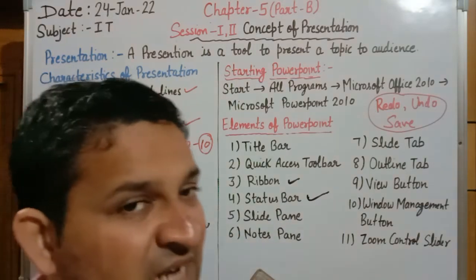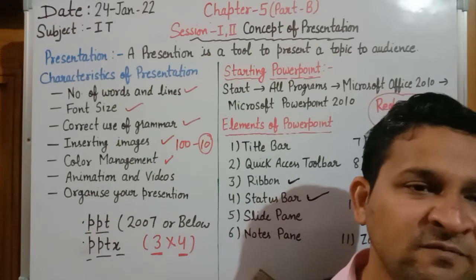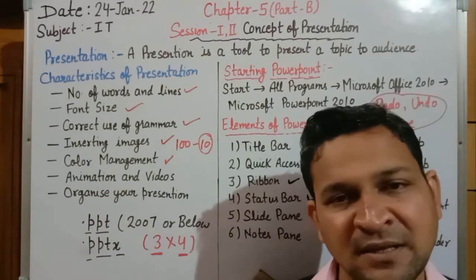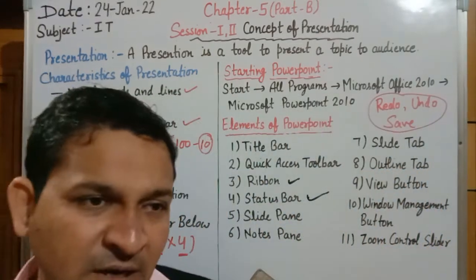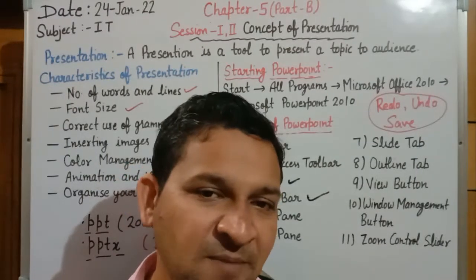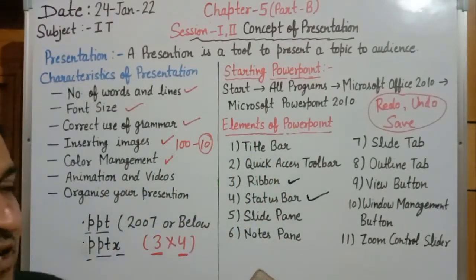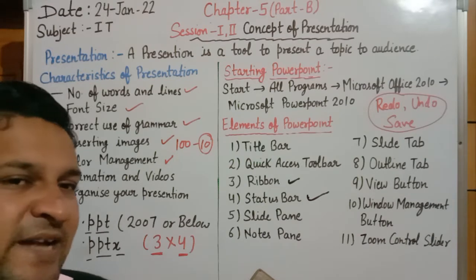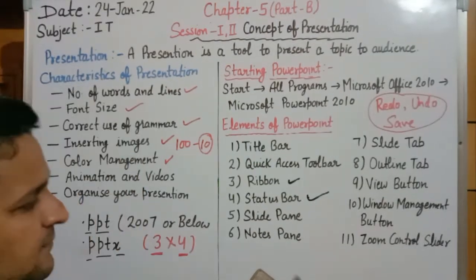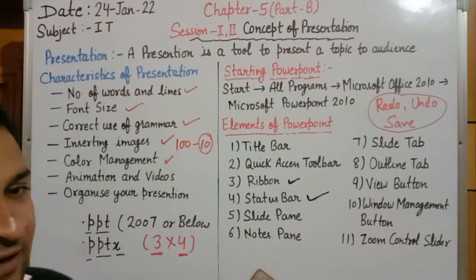Slide pane. Slide pane is the main view of your document where you are placing your content. It is the working area of your screen in which you are writing your text, typing your document. Slide pane is the main area of your PowerPoint presentation. It helps to write the document as per your requirement. Next is the notes pane.